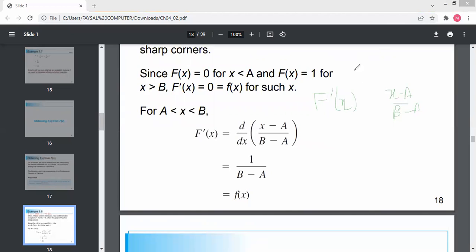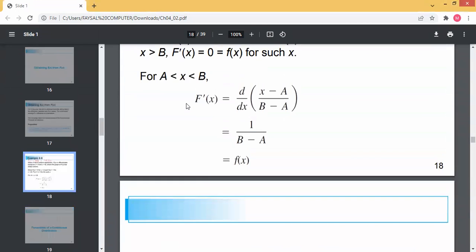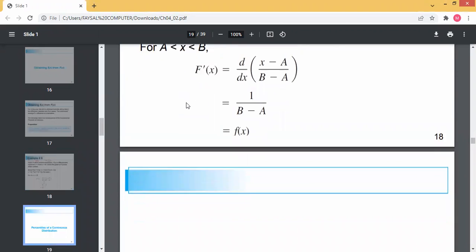So it will be written as 1 upon b minus a. So 1 upon b minus a is what? The function f of x. So this is the way that I elaborate the value between the values a and b.